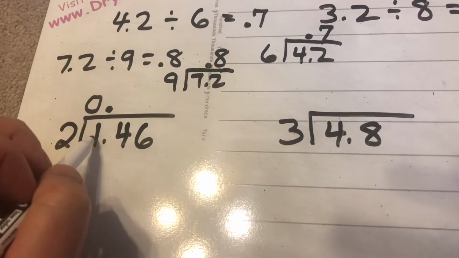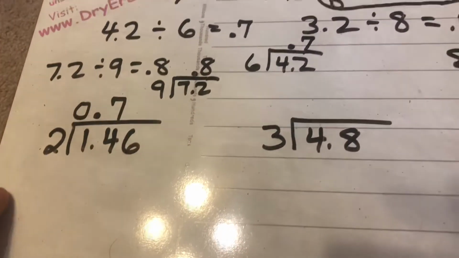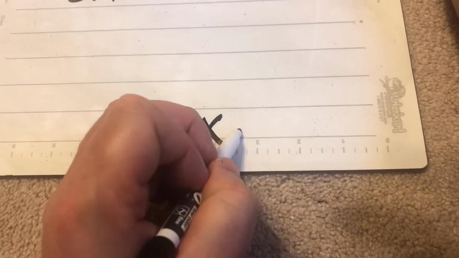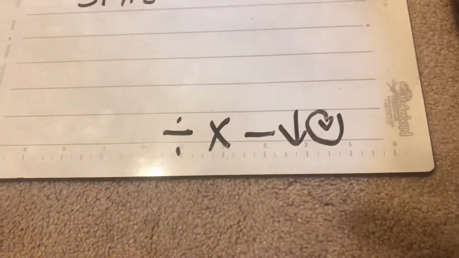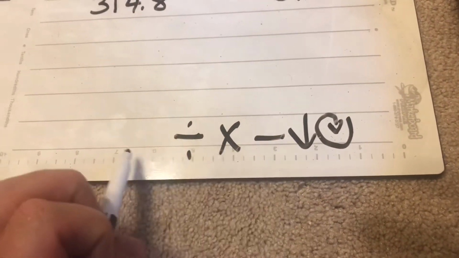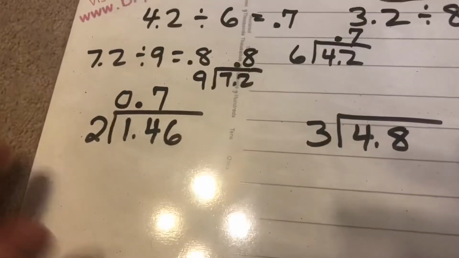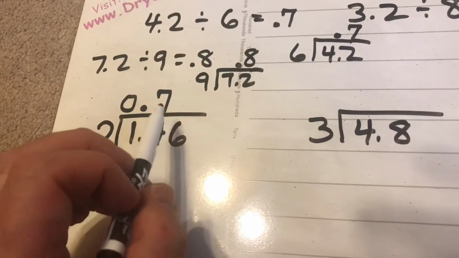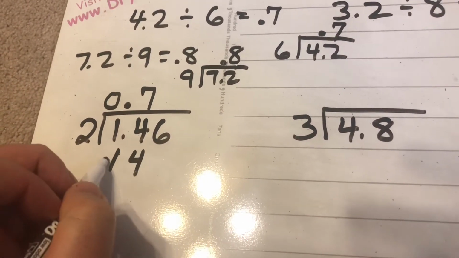You think, well, 2 cannot go into 1, but 2 can go into 14 7 times. And we don't want to forget that long division order that we've talked about before: divide, multiply, subtract, bring down, start over. If you start over, you have to divide, which means a number needs to go up top. So 2 can go into 14 7 times. 7 times 2 is 14.